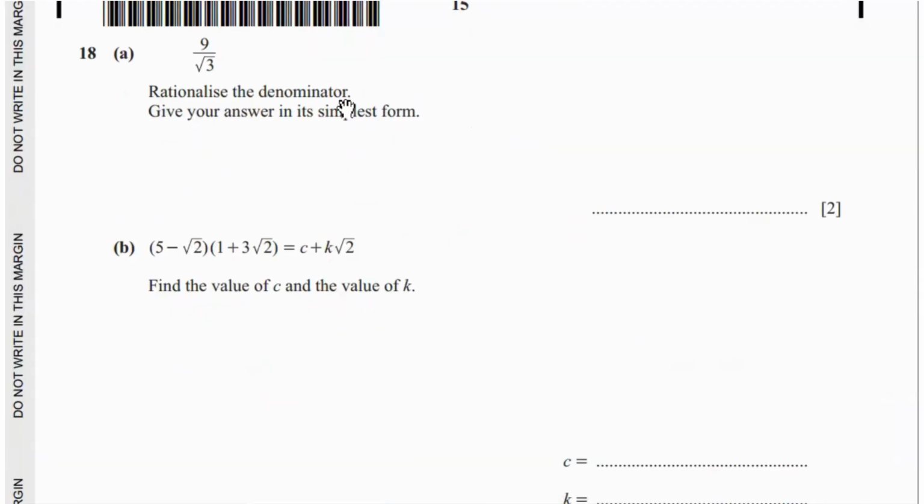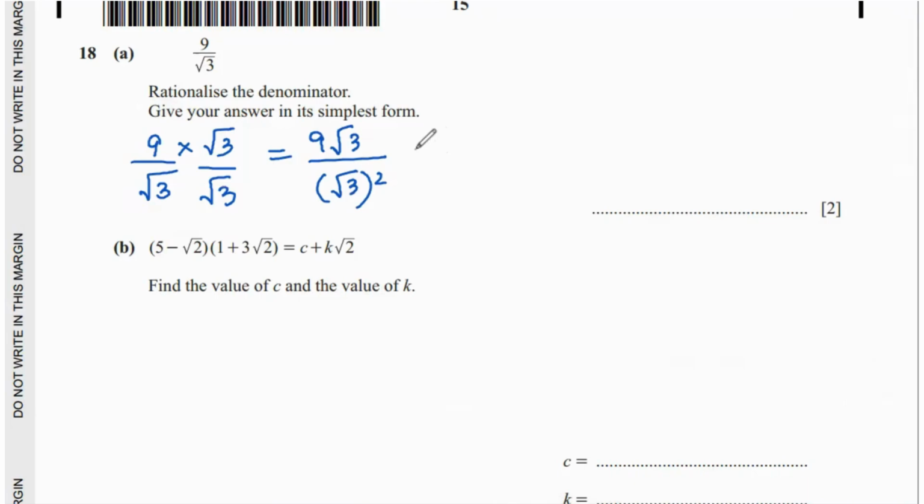Then it says rationalize the denominator, giving out the simplest form. So when you're rationalizing a denominator, what you do is you multiply and divide the fraction by the surd. So surd is root 3, which is in the denominator. So you multiply and divide the fraction by that. 9 times root 3 is 9 root 3. Root 3 times root 3 is root 3 squared.